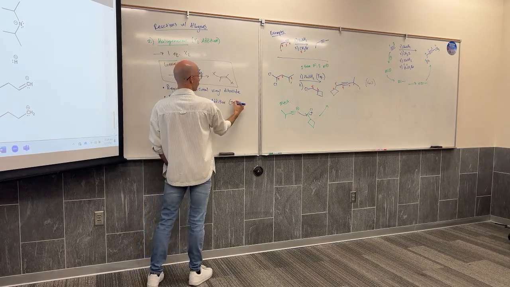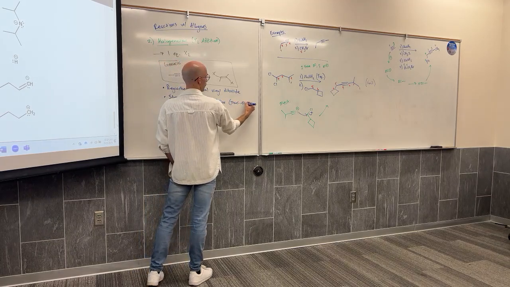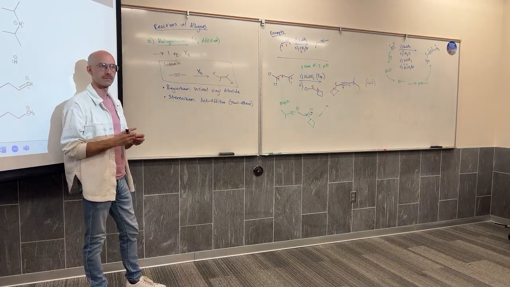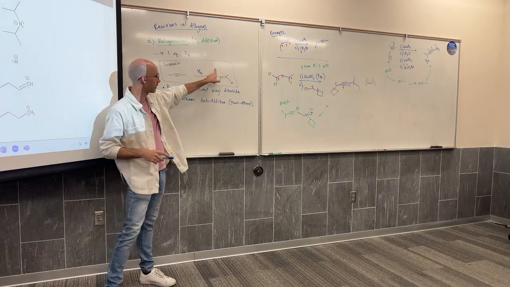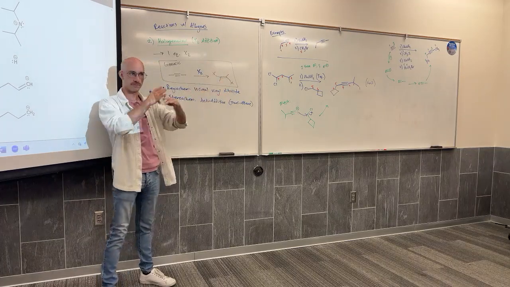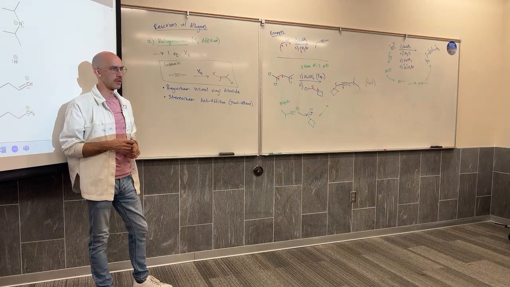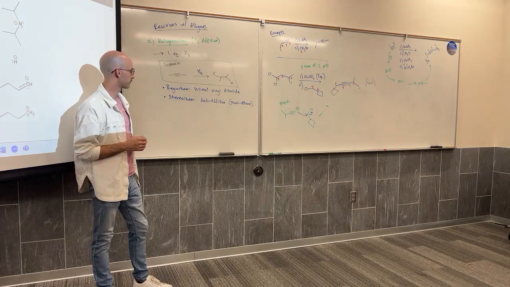That means I'm going to get a trans-alkene. You guys see how the halogens are trans to each other? Those halogens, they're going to be the high priority groups. So we've got anti-addition here.